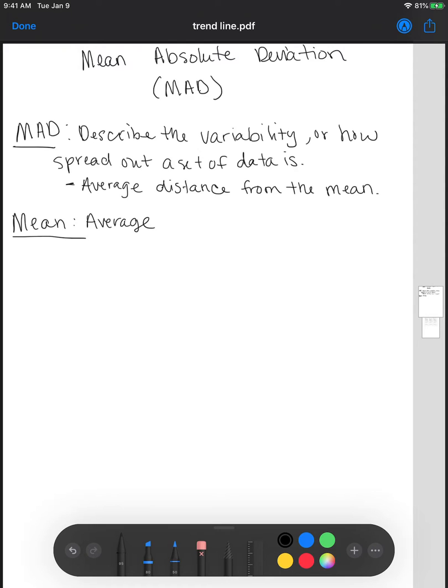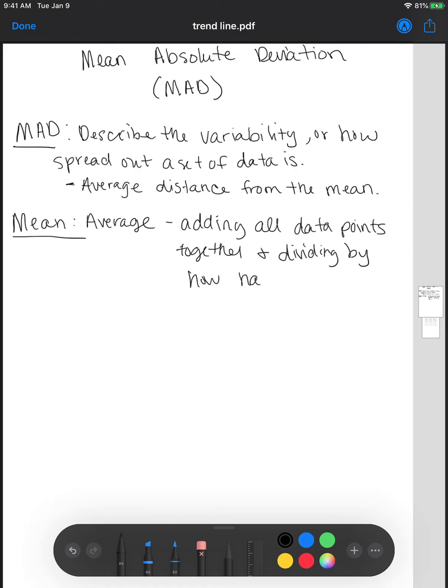You find the mean by adding all data points up and then dividing by how many numbers there are. So if there are 6 numbers, you would divide by 6. If there are 7 numbers, you would divide by 7, and so on.